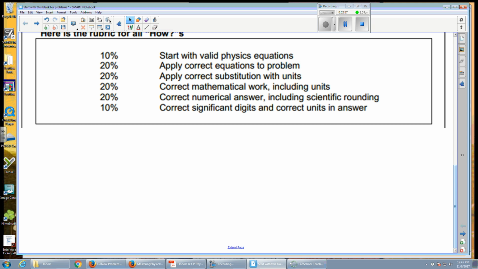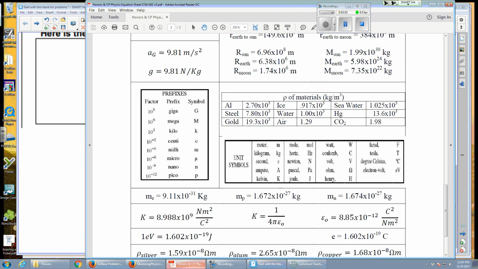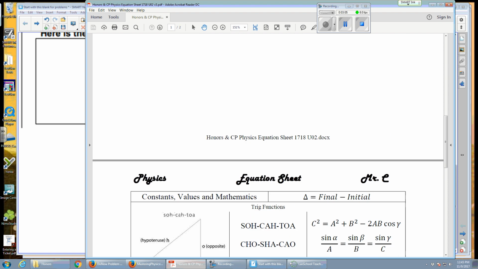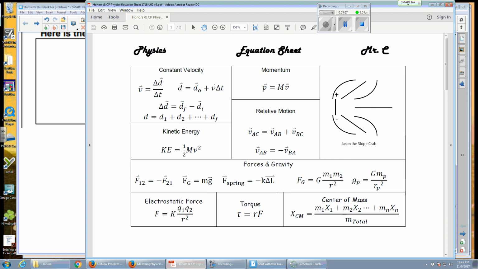So, yeah. All right, so let's see, we need to start with the valid physics equation. I can go up to my handy dandy equation sheet, right? And get Hooke's law, which is right there in the middle.